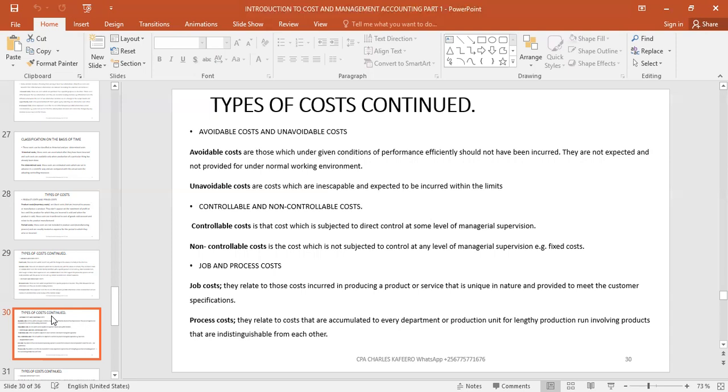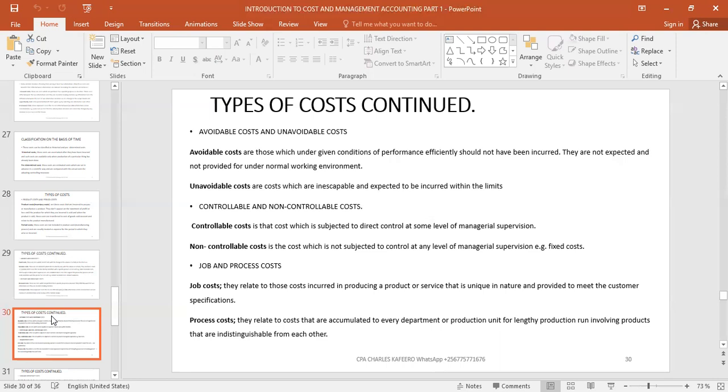The unavoidable costs are the costs which are inescapable and expected to be incurred within limits. These are like the normal costs that, whichever kind of business you are doing, you have to take into consideration that these costs may happen. But the avoidable ones, we don't even take into account because it is very easy to ignore them.